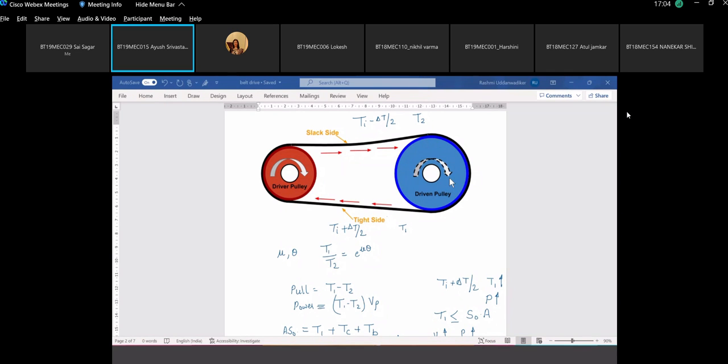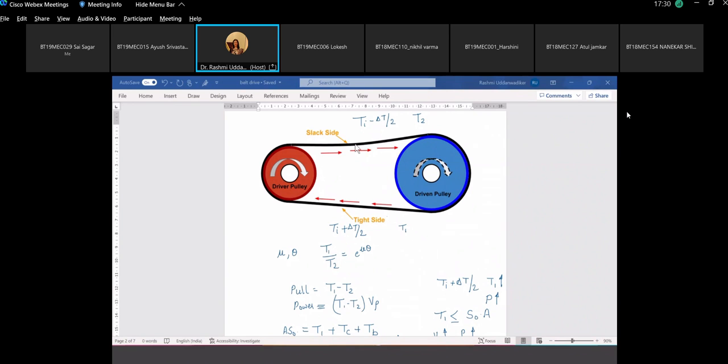Have we calculated the area of the belt, the cross section area of the belt? Yes, ma'am. What was the thickness and what was the width of the belt that we calculated? Thickness 5.5, breadth 64.54. Okay, so we'll continue from there.